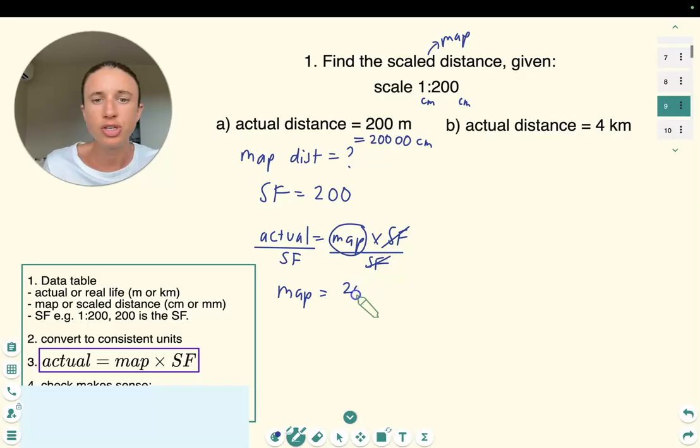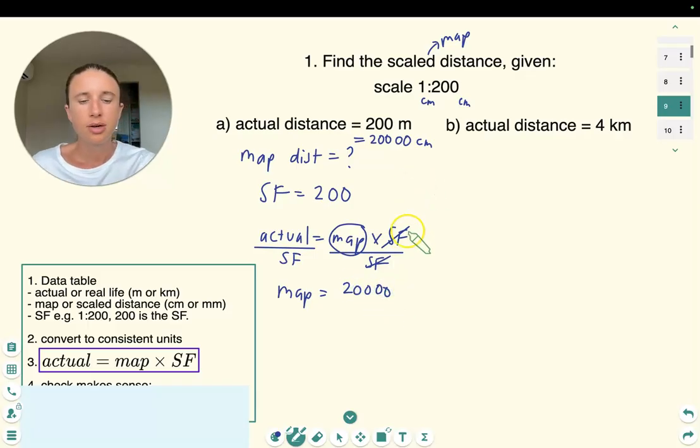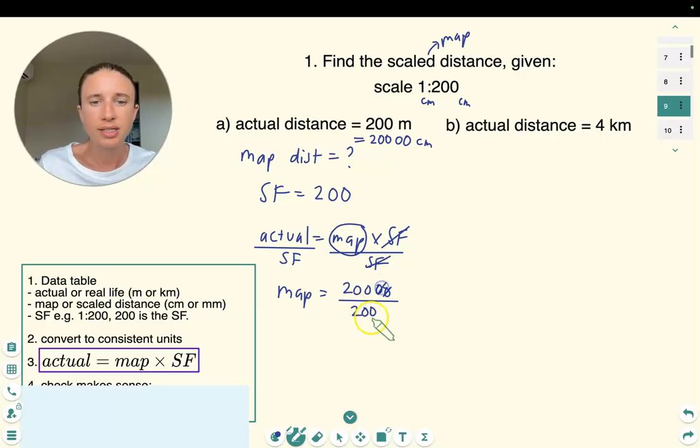Actual, so substituting in centimeters, over the scale factor, 200. And then cancel a couple of zeros on top and bottom. 200 divided by 2 is 100. We plugged in centimeters, so we must get out centimeters. Okay. And so that's our scale distance.